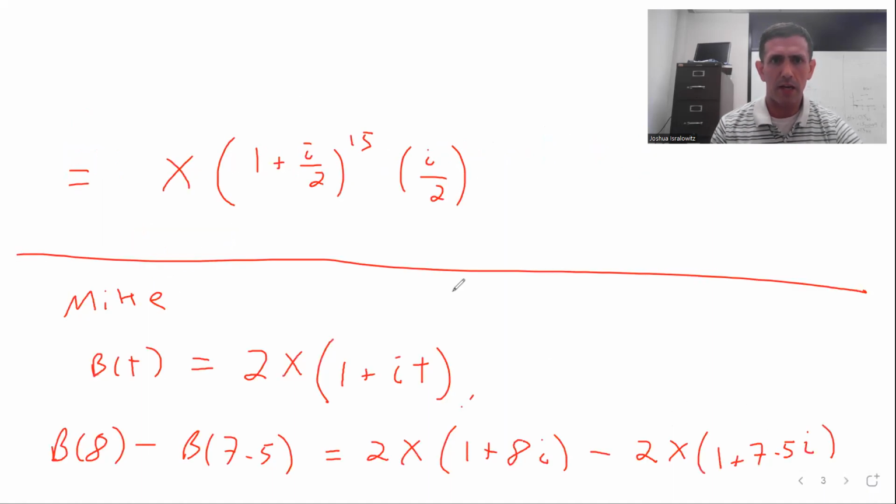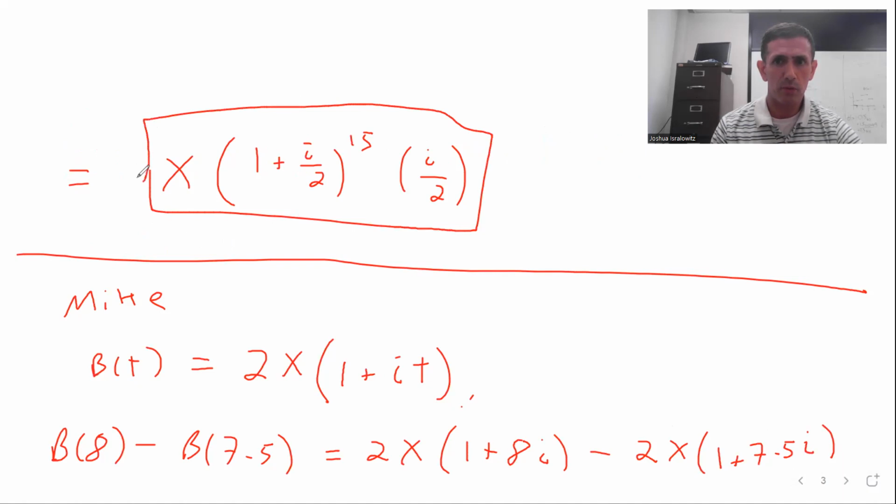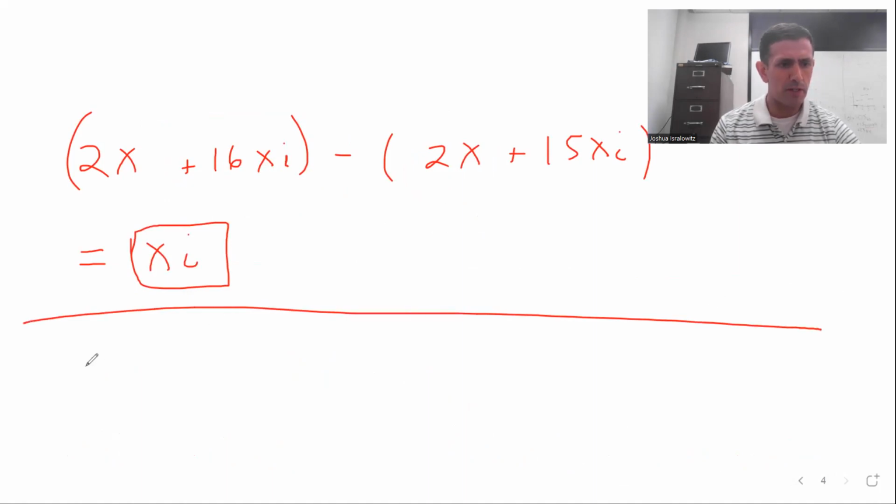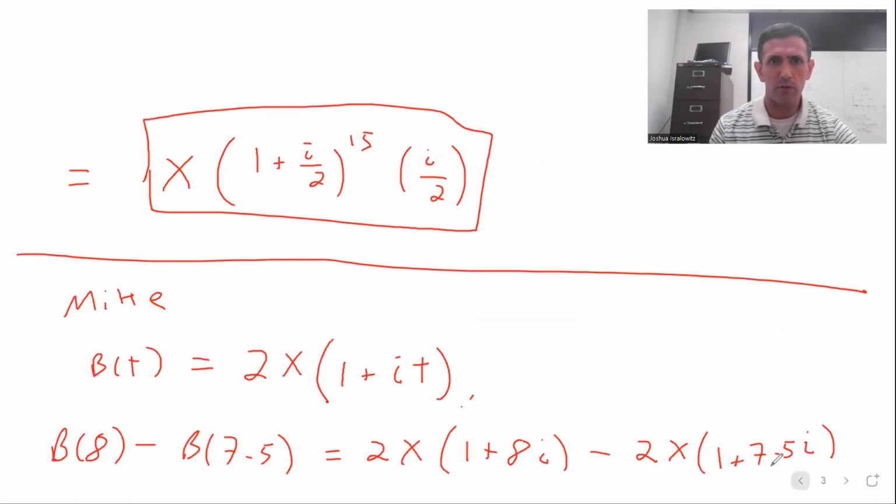So xi is going to be equal to this here. We're just equating the interest earned in the last 6 months for Eric and Mike. Sorry, I forgot the name they used for the first one. It's Eric. All right, so we're finishing off the problem by just setting the two to be equal. So x times i over 2.